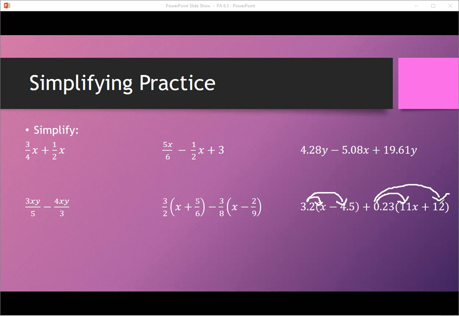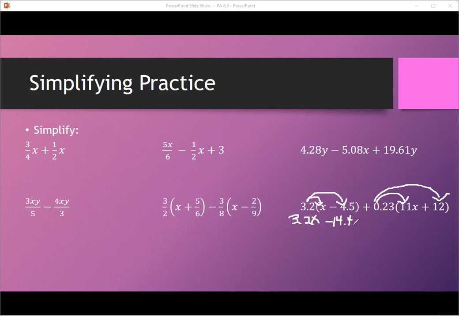All I'm doing is multiplying it out first, just like I did with the fraction. So when I multiply 3.2 times x, I'm going to get 3.2x. And then I multiply 3.2 times that negative 4.5, which will give me negative 14.4.